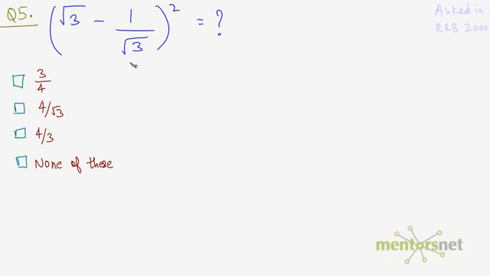Let us solve the last question now. Well, you have to simplify this thing, so let's simplify it. Let's put this question mark as x. So x is equal to, let us write it, root 3 by 1 minus 1 by root 3 the whole square.